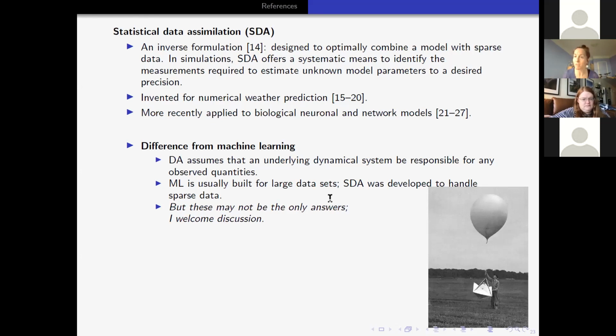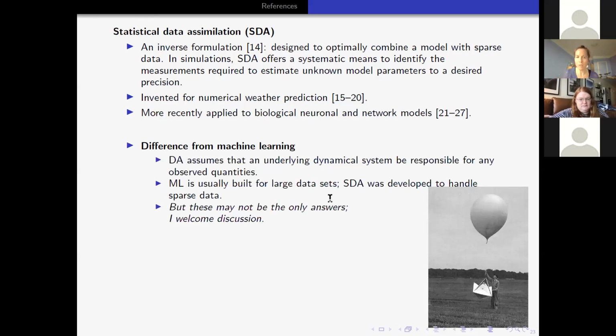Sometimes you just want an answer, and you don't really care necessarily why the answer is what it is. Secondly, machine learning usually deals in large data sets. There's tremendous power that can be harnessed from large, dense data sets, for example, for the purposes of pattern recognition. And as I said, this technique is specifically designed to squeeze as much information as possible out of very sparse measurements.